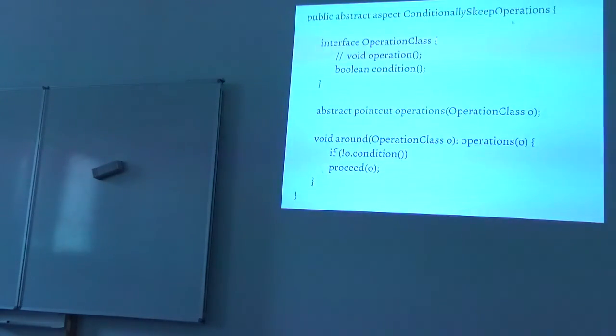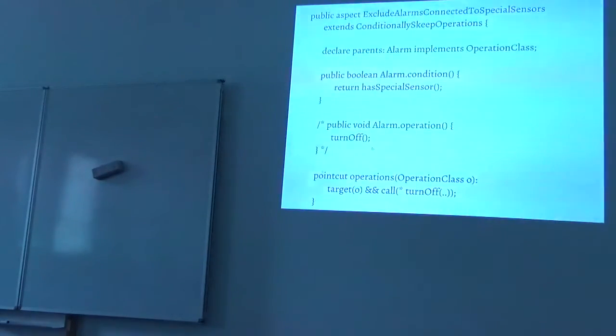But for the sake of modeling, you can elaborate them as use cases, and conditionally skip operations might fall into this category. And if you imagine this as a use case, well, this is our use case, role, operation class, and this is what we do with this role, and this is how we connect our role to the rest of the code.